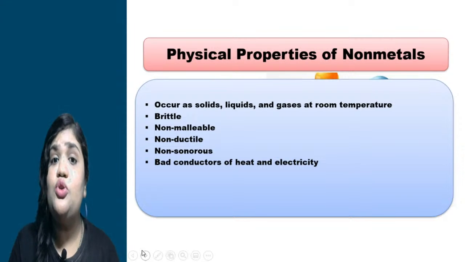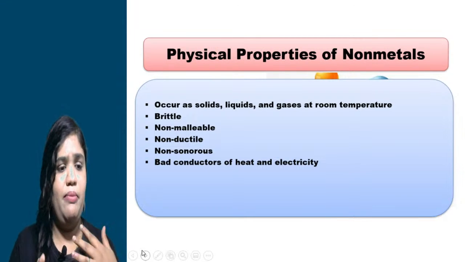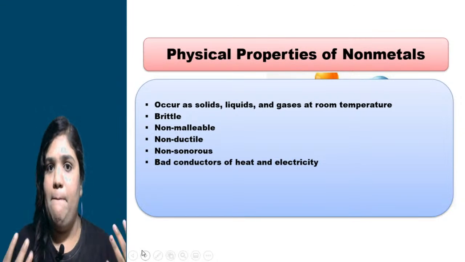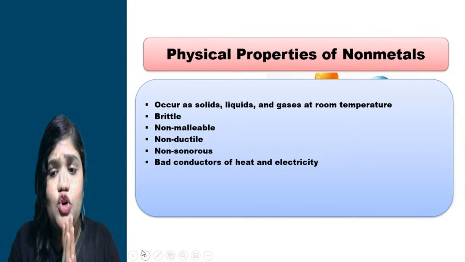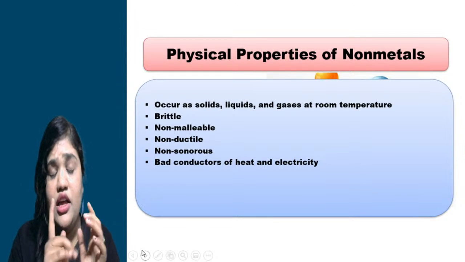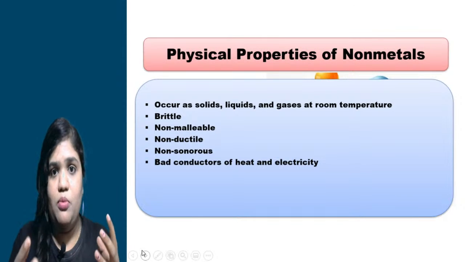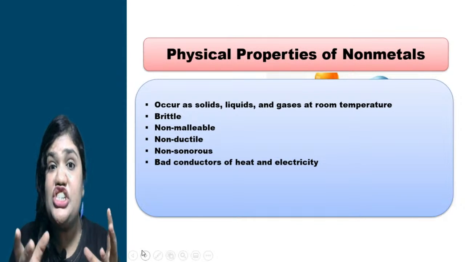They are non-sonorous. They cannot produce any sound, right? Non-metals cannot produce any sound. They are bad conductors of heat and electricity. As I have told you, there are some exceptional cases also, like if we take one example, iodine. Obviously you know that non-metals do not have any kind of shine, right?